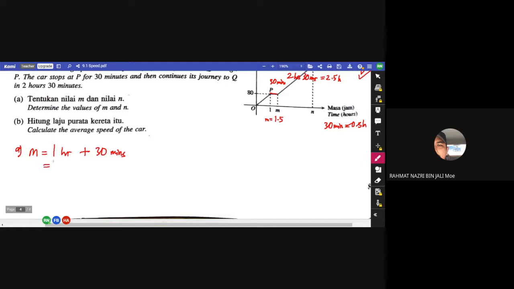To plus together, we have to make sure we have the same unit. So 1 hour plus 0.5 hour. So the value for M is 1.5 hours.